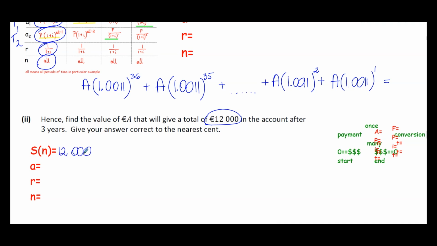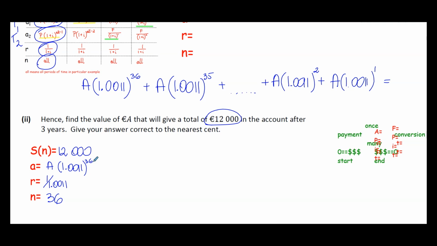That's how much he will have. Like I said, N is always the same, all the periods, so in this case 36. R is always the same, 1 divided by 1 plus interest rate, so in this case 1 over 1.0011. And the first term we just created is A multiplied by 1.0011 to the power of 36.